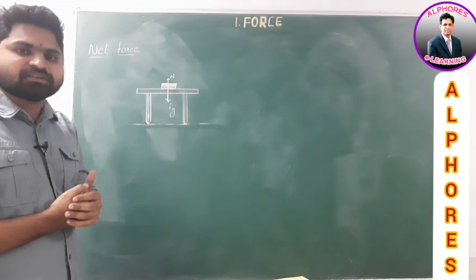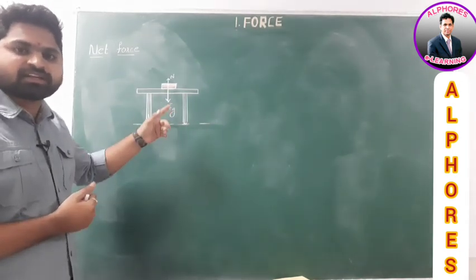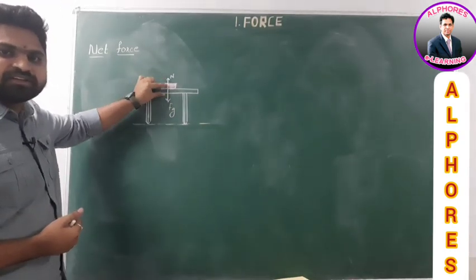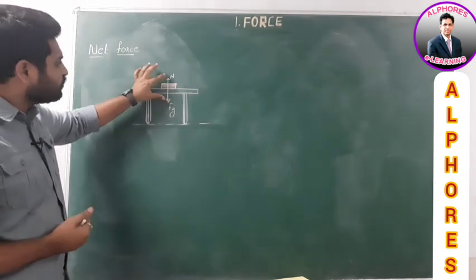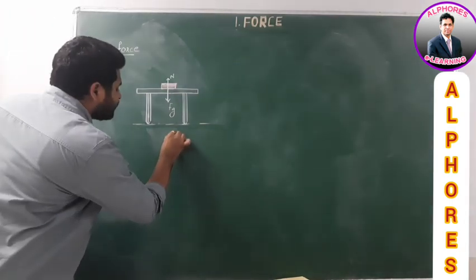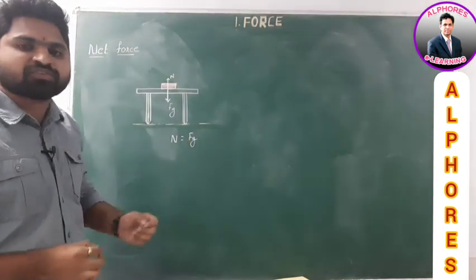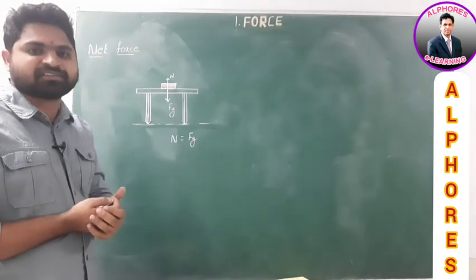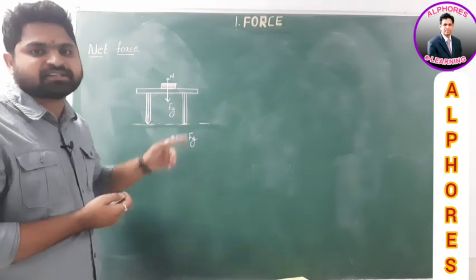Why is that? The thing is, all the forces acting on this object are equal and opposite in direction. The normal force and the force of gravity acting on this object are equal but opposite in direction. Normal force is equal to force of gravity. So the body is in equilibrium, and of course, if it is in equilibrium, the body is at rest.